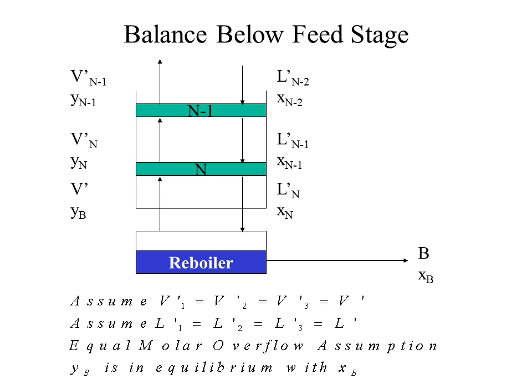Also, we will assume that the liquid coming down from each stage is relatively constant, and we'll call that L. This is also known as the equal molar overflow assumption. Note that in this particular design, Y sub B is the composition of the vapor stream leaving the reboiler, and since we have two phases mixed together in equilibrium, YB will also be in equilibrium with XB.